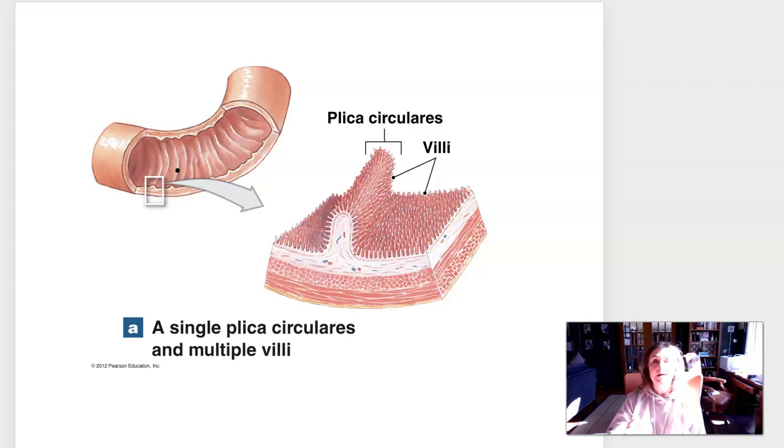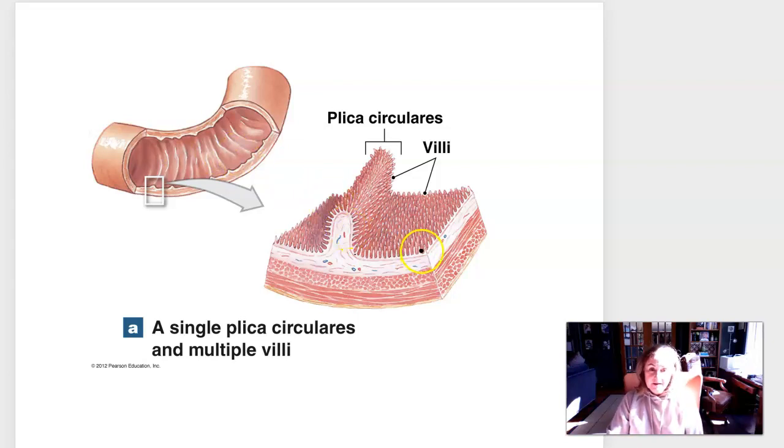In the stomach, the mucosa wasn't smooth; it was thrown into folds called rugae. We can see the same thing here. These folds are called plicae circulares. It's like a pleat of mucosa that juts into the lumen, and it greatly increases the surface area.